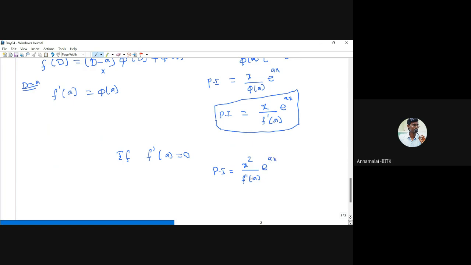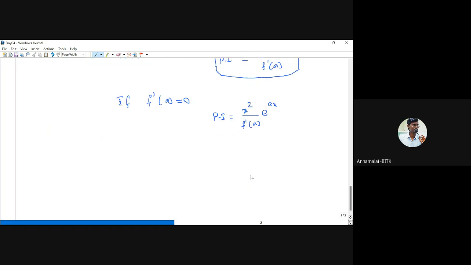Suppose f double dash of a is 0, then x cube by f triple dash of a into e power ax. You can go further until you get a non-zero term. Maybe we will discuss one problem related to this.